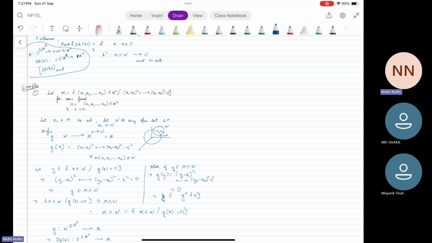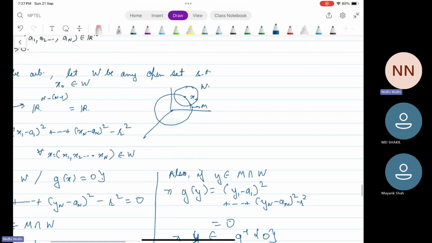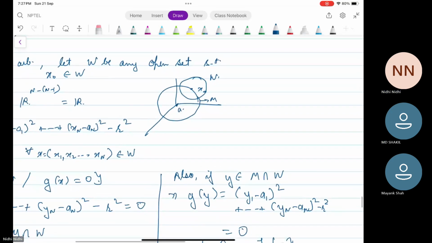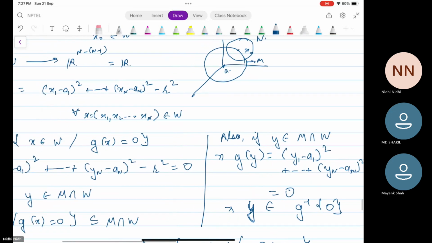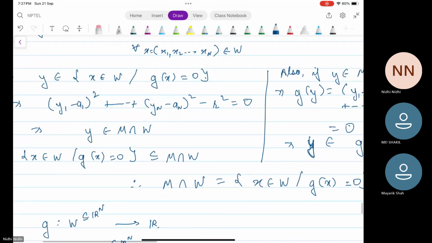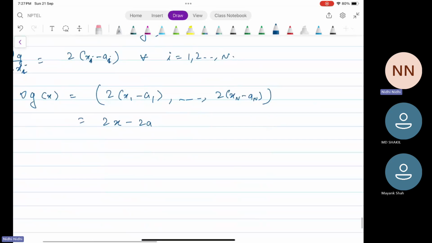A is the center of that sphere. A can never be equal to x. So this is never 0 for every x in M intersection W, because M intersection W lies on the surface of the sphere and a is the center of that sphere.